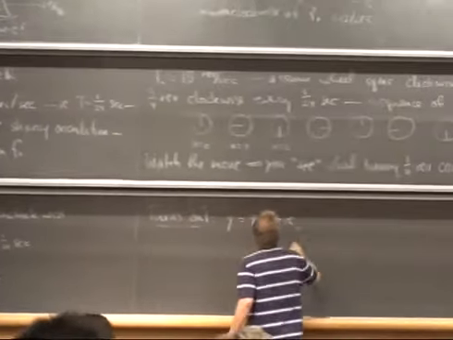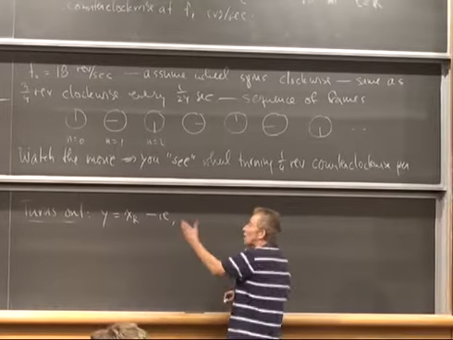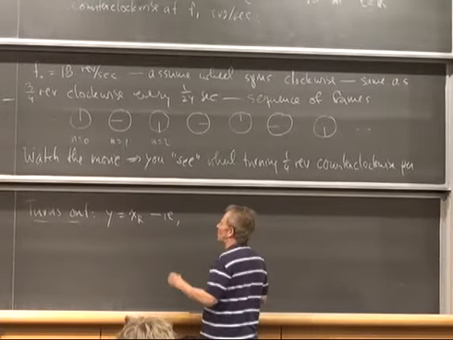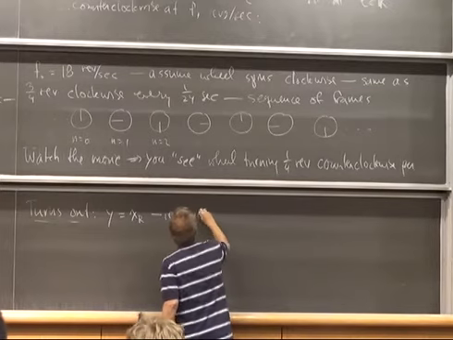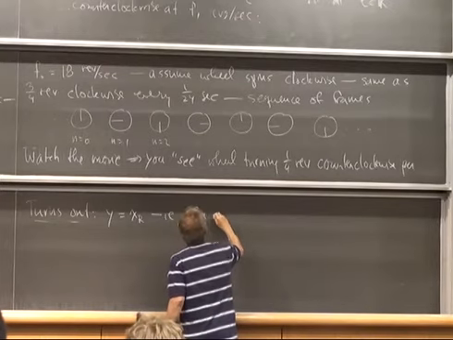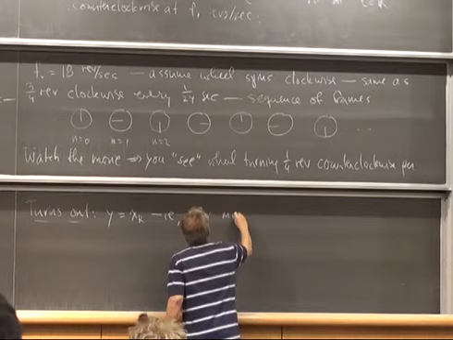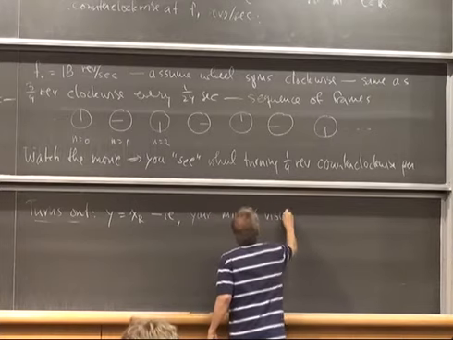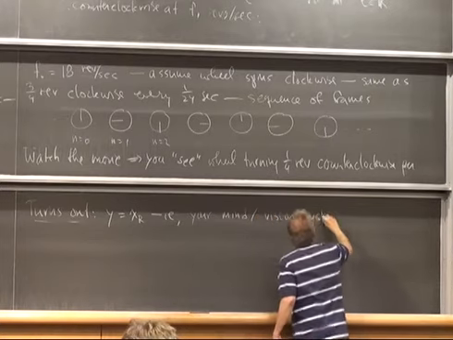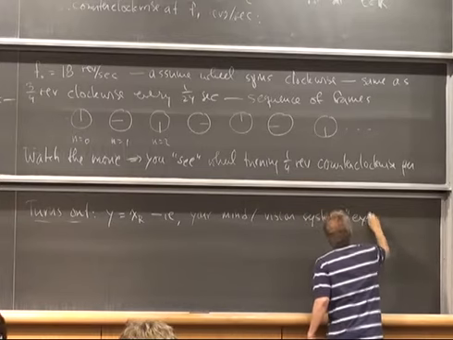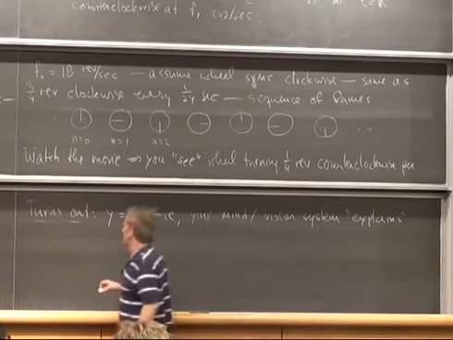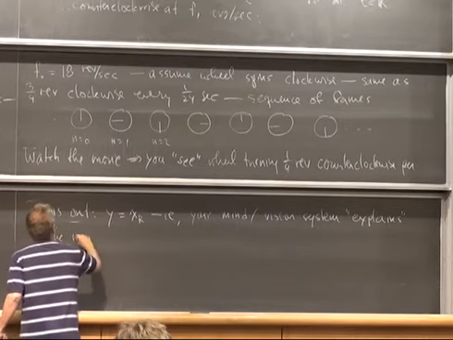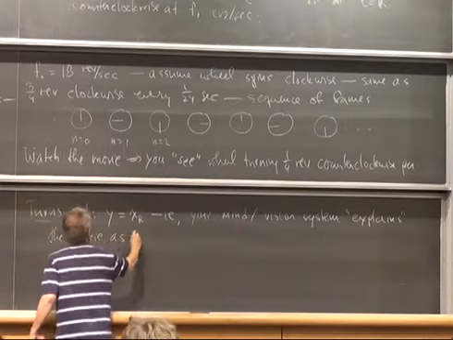That is to say, when you watch the movie, you come up with x of r as the explanation for the frames you see. So your mind, your vision system, quote unquote, explains the movie as x of r.